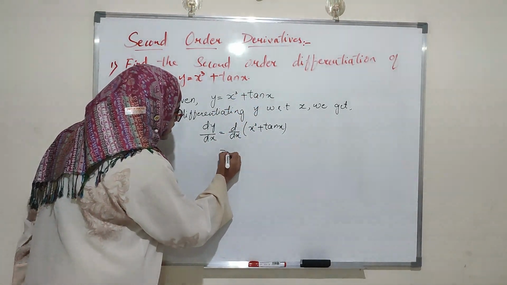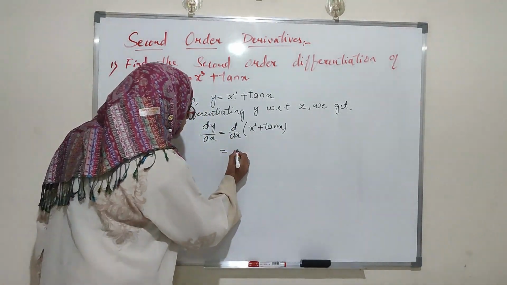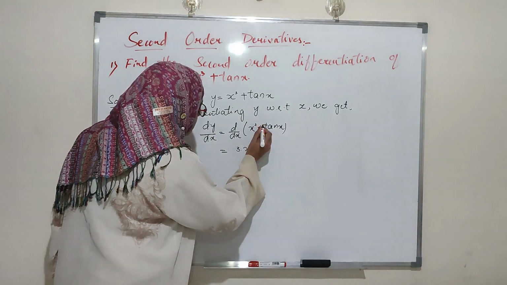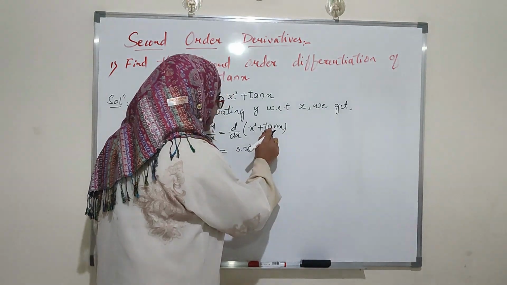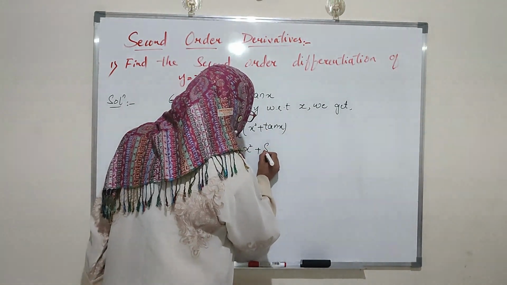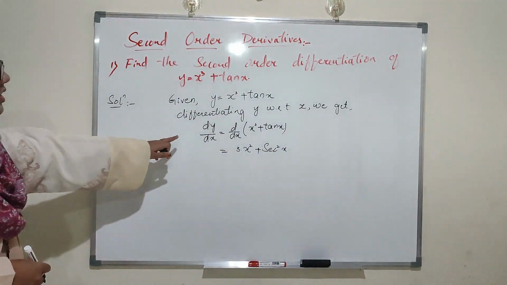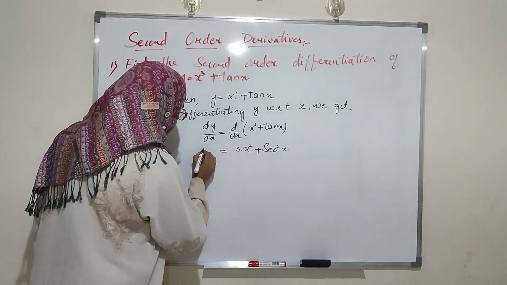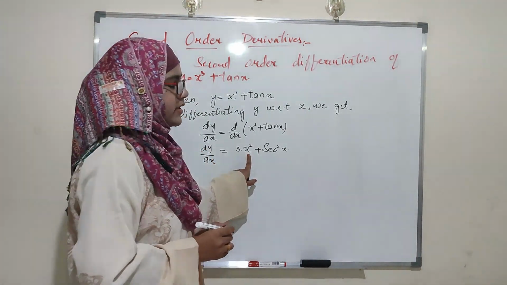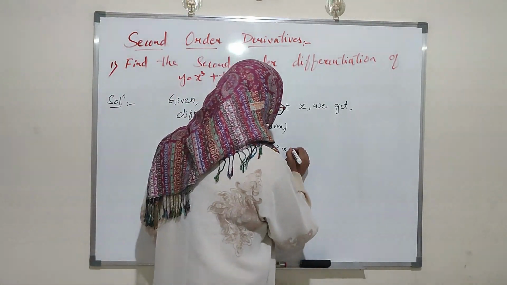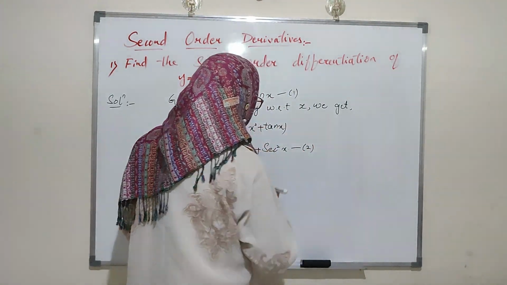Now differentiating this, x cube differentiation, by using the x raised to n formula, is 3 into x raised to 3 minus 1, you will get 2 here. Plus tan x differentiation is sec square of x. So we got dy by dx as 3 into x square plus sec square of x. Now name this one as equation 1 and this one as equation 2.